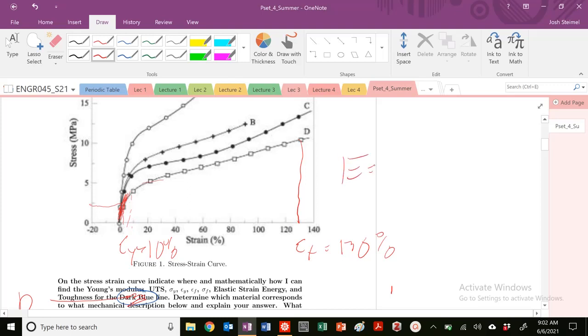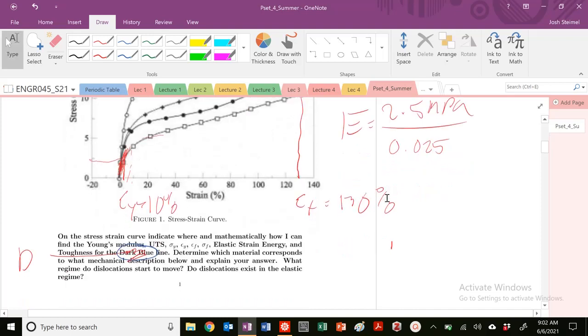It would be the rise, so from 0 to, let's say, 2.5 MPa, divided by 2.5% strain, which is 0.025 strain. That would be my Young's modulus, then we could calculate that out.